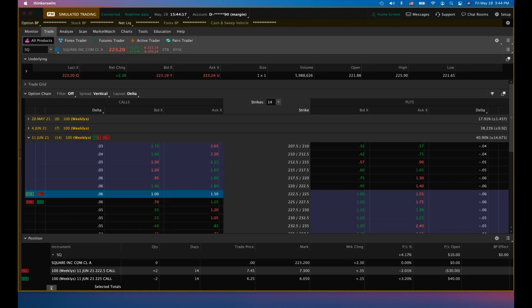And one more thing, for debit spreads, when you put in your sell order, always use GTC, because your spread could be filled the same day or next day or any time before expiration. So always remember to use GTC as your time frame.